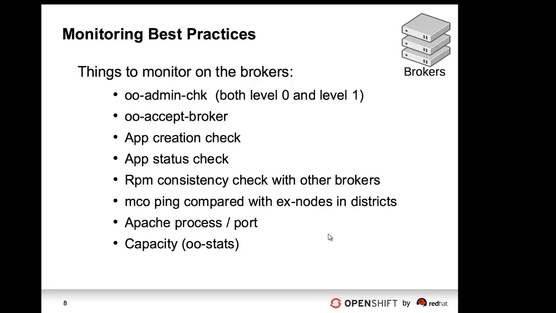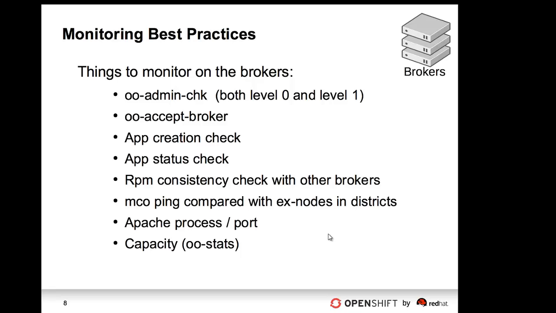The purpose of this is it's a much lighter weight check of application than the application creation, but it tells us that mcollective is working, ActiveMQ is working, and that node is working and whatnot. So it's a lighter check that we can run more often that gives us a better sense of what's going on.